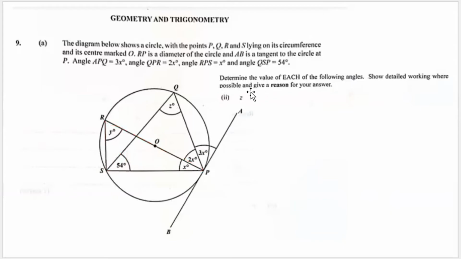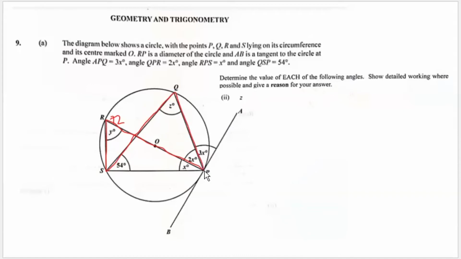Part 3 now, they want us to find z. So this z right here. So what I'm going to put in, we just found what y is, which is 72 degrees. So what we're looking at is this right here and this right here.